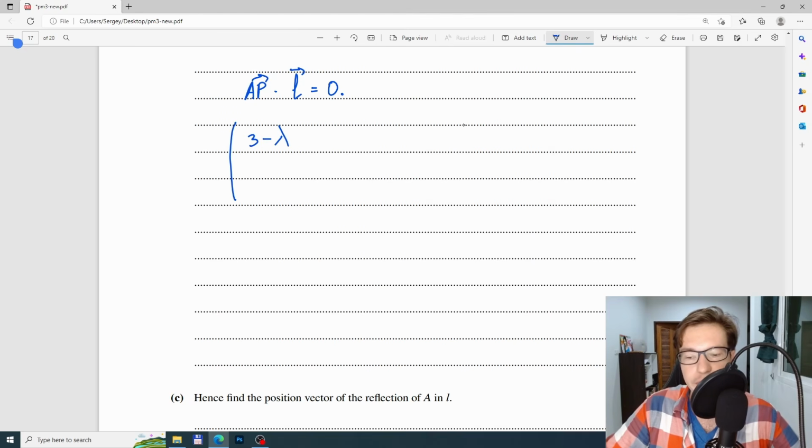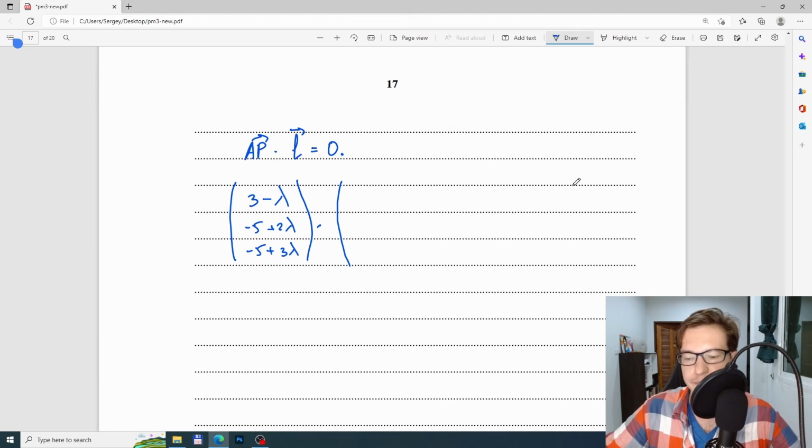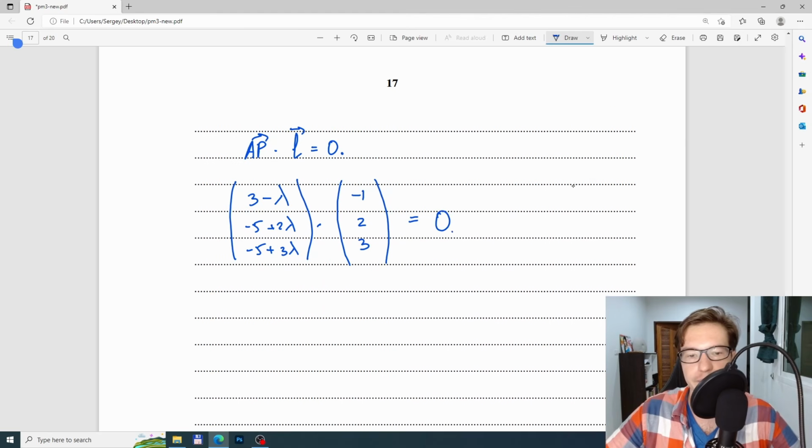Okay, so that gives us (3 minus lambda, -5 plus 2 lambda, -5 plus 3 lambda) dot the direction vector of the line, which is (-1, 2, 3). And we know that this must be equal to 0.